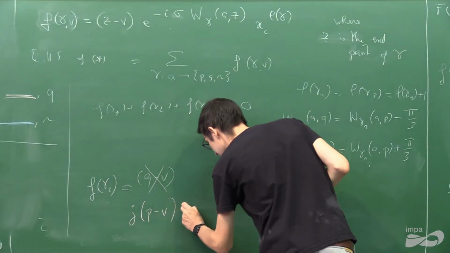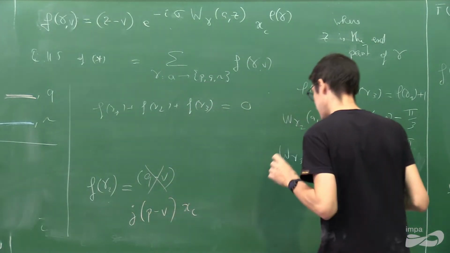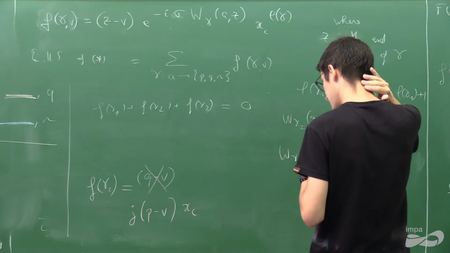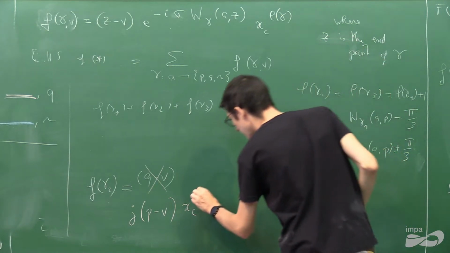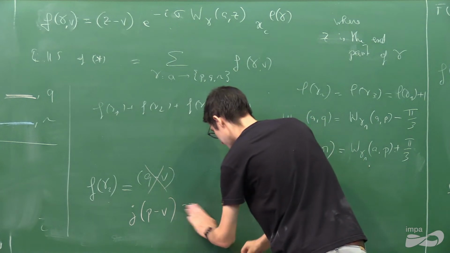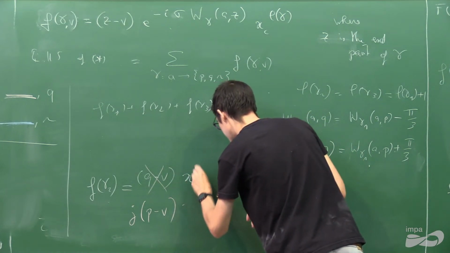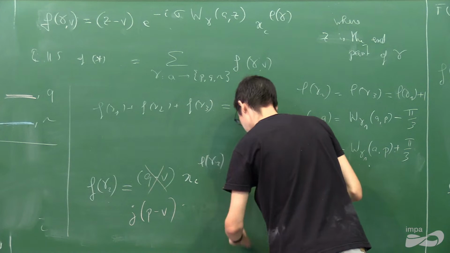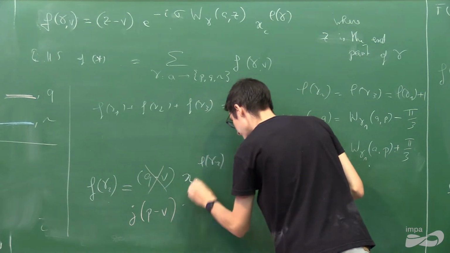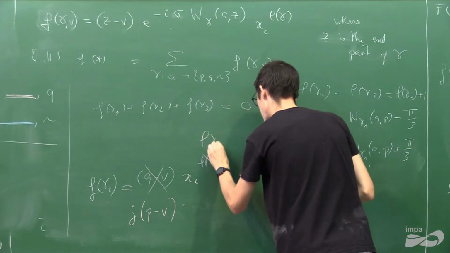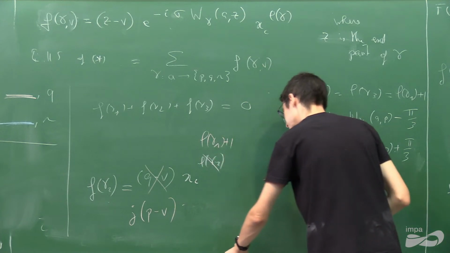Then I have xc to the L of gamma 2, but this is just L of gamma 1 plus 1.